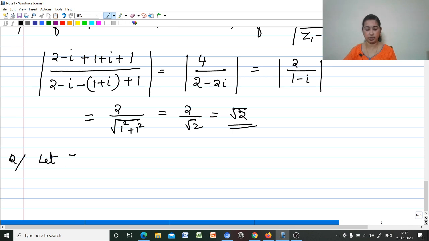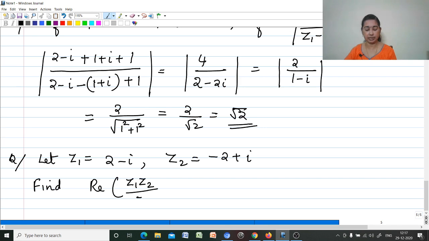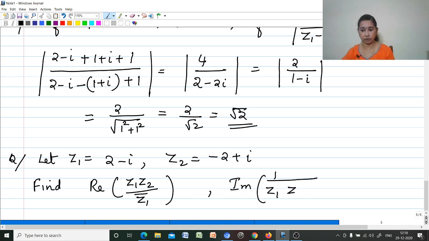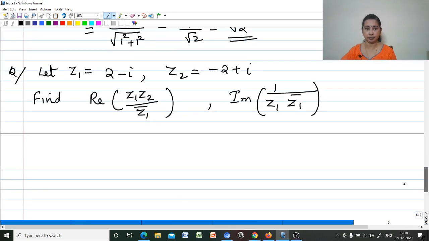Let Z1 be equal to 2 minus i and Z2 equal to minus 2 plus i. Find the real part of Z1 Z2 by Z1 conjugate, and the imaginary part of 1 by Z1 into Z1 conjugate. So first we have to find the real part of Z1 Z2 by Z1 conjugate. For that, first we will find what Z1 Z2 divided by Z1 conjugate is.